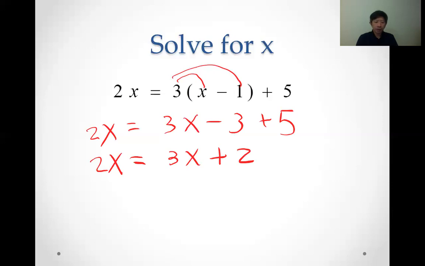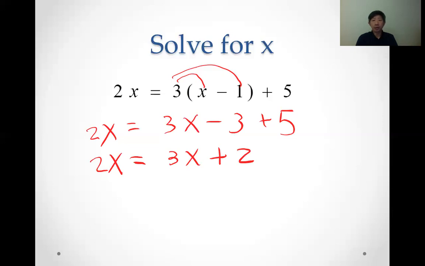And then next, I want to solve for x. So I want to move x to one side and whatever number to the other side, okay? So in here, can we do the cancellation? Yes.